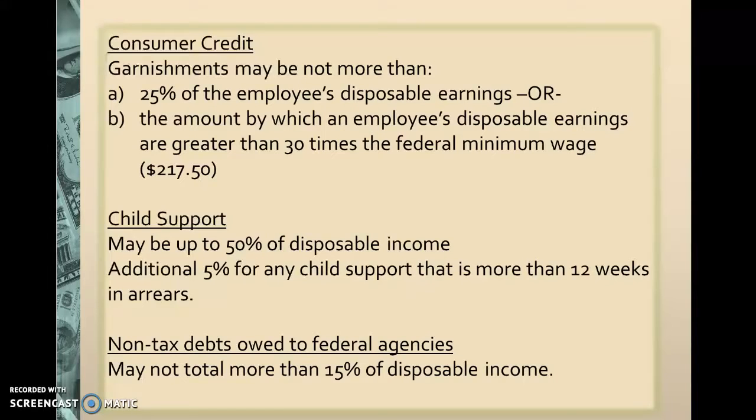And then non-tax debt owed to federal agencies, not more than 15% of disposable income. Just keep that in mind. They want to be sure that employees, like I mentioned, have enough money in their checkbook in order to meet their daily needs for their families.